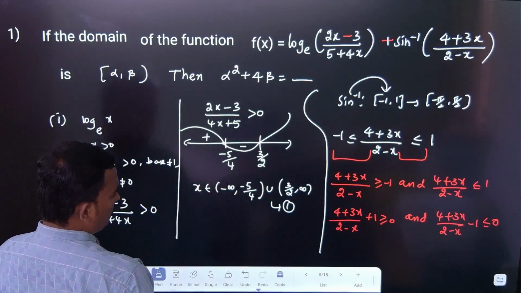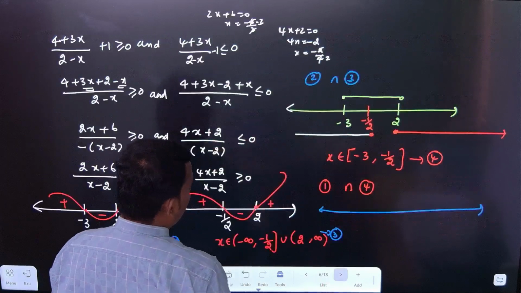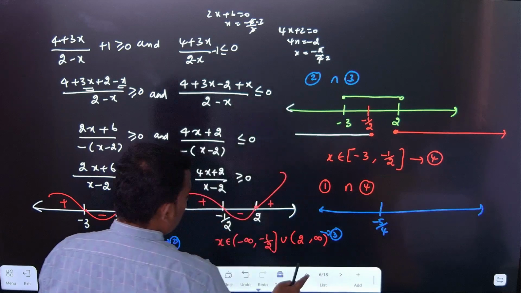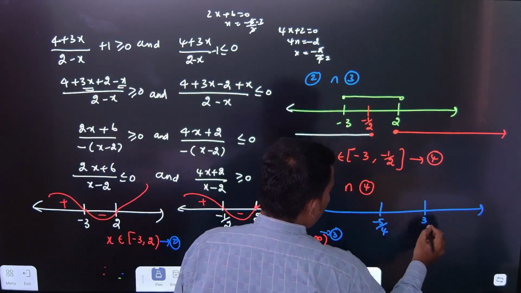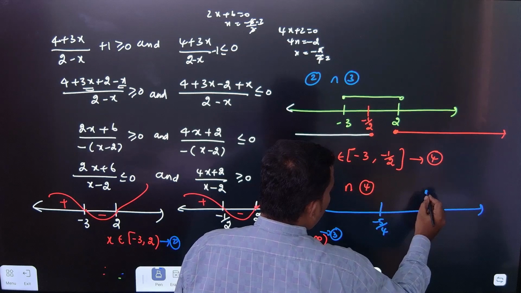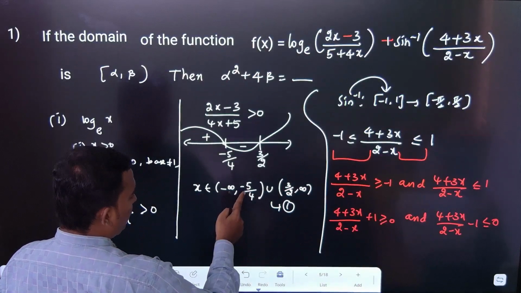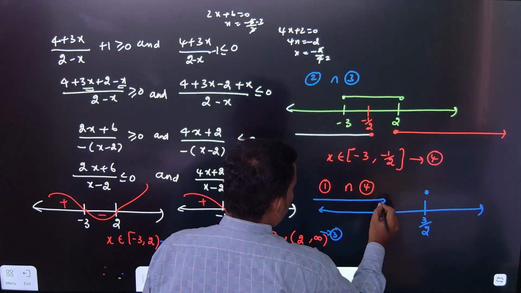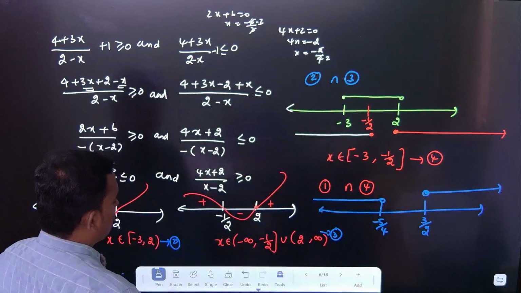Minus infinity to minus 5 by 4, and then 3 by 2 to infinity. 3 by 2 is not included, right? Minus 5 by 4 also not included. Okay, this is the first one.